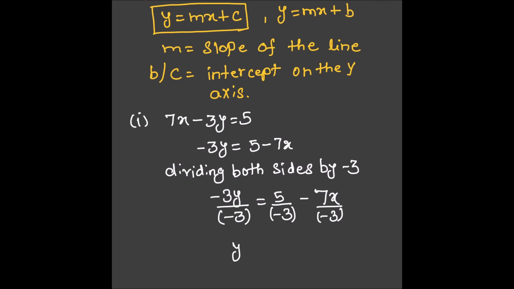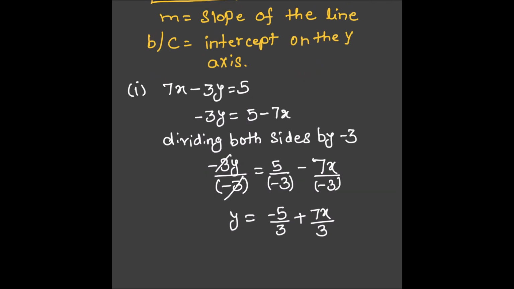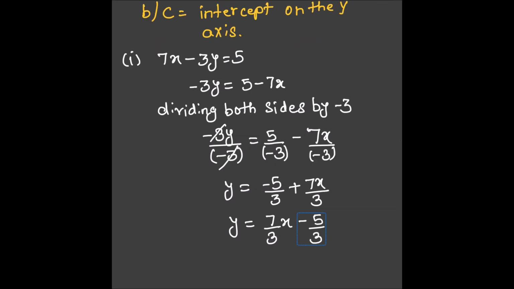So this will be y equals negative 5 upon 3, and the negative and negative signs will be multiplied, so this will become plus 7x upon 3. So now we have y equals minus 5 by 3 plus 7x upon 3. We need the x variable first, so this will be y equals 7 upon 3x minus 5 upon 3, just rearranging to get the x term first.